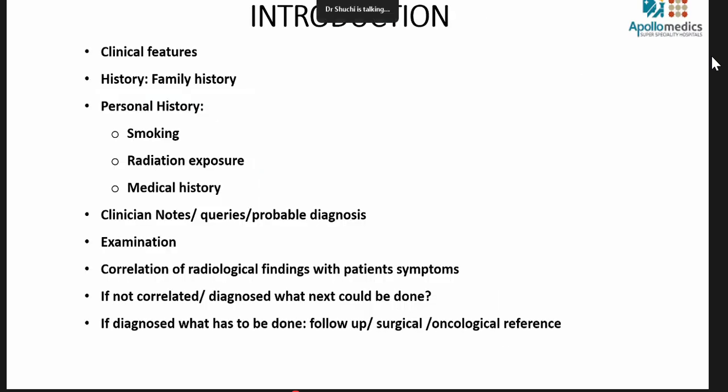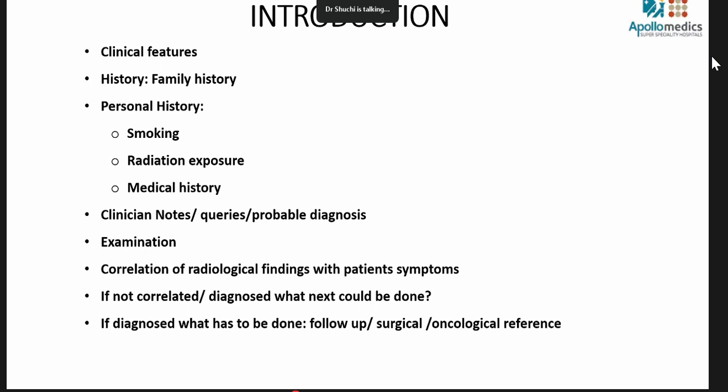So whenever the patient comes to you, first thing is clinical features. Second is history. Take a family history, especially on the maternal line, if they have any history of breast cancer. Then personal history: smoking, radiation exposure, medical history. Go to the clinician notes, queries, or probable diagnosis which your clinician has referred with you. Examination. Already the patient has been examined by the clinician, but if you are doing an ultrasound, please do a repeat examination on your own.